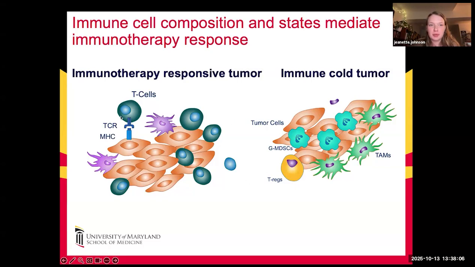A typical immunotherapy-responsive tumor, by contrast, has antigen presenting cells. So dendritic cells, this could also be macrophages, but dendritic cells are the gold star at this, that will activate T cells. And the infiltrating T cells will not be exhausted. They'll be in an effector state.